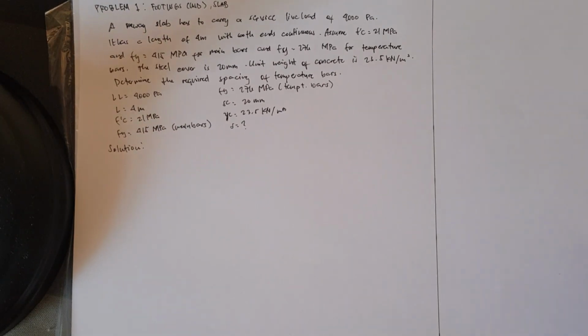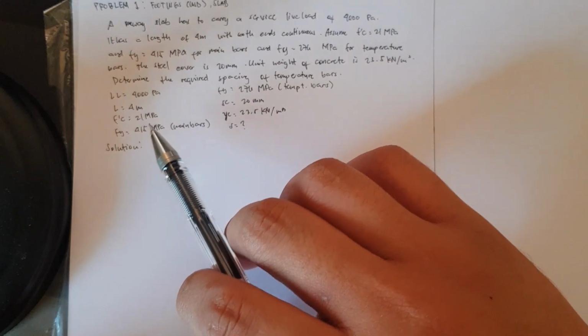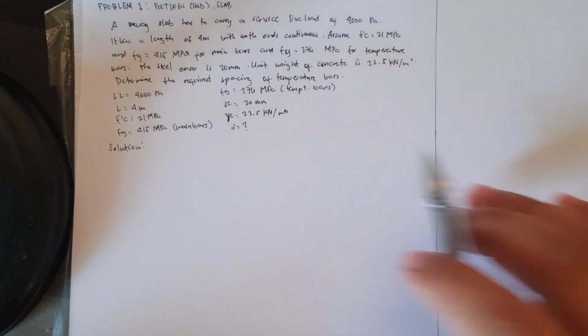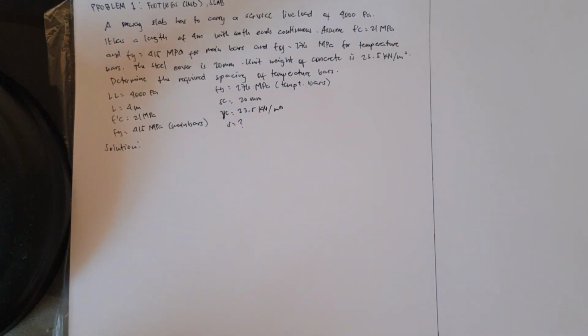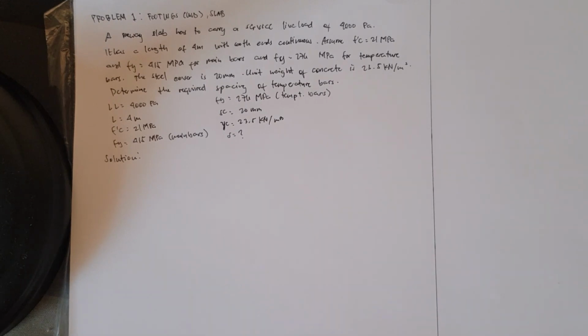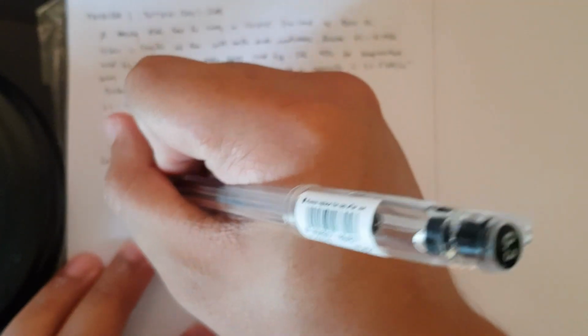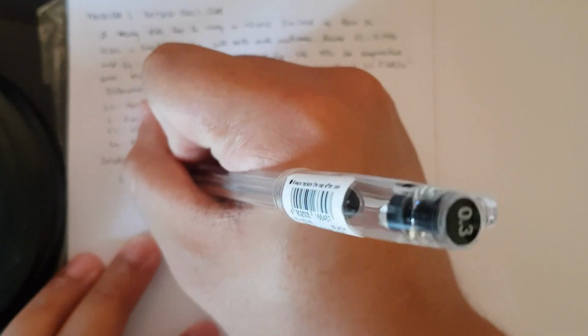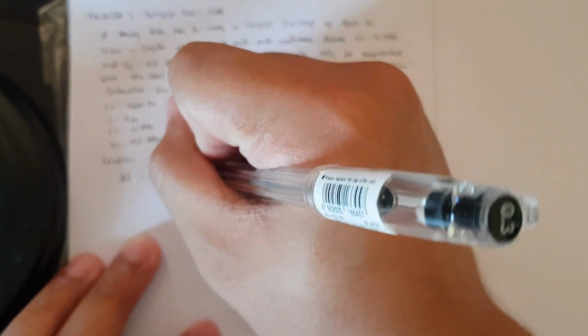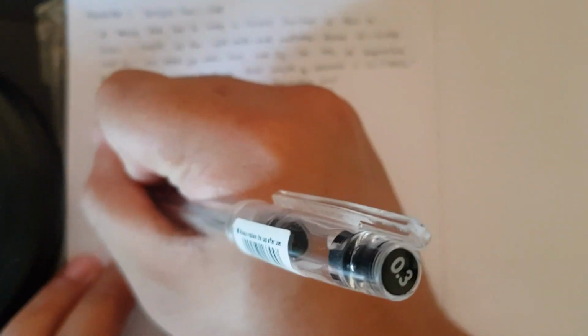So, meron na tayo dito, yung given natin na live load. Lahat, nandiyan na. Sinulat ko na lang. So, first, solve natin yung total cross section area of the temperature bars. So, solution: rho is equal to 0.002 times base times height.